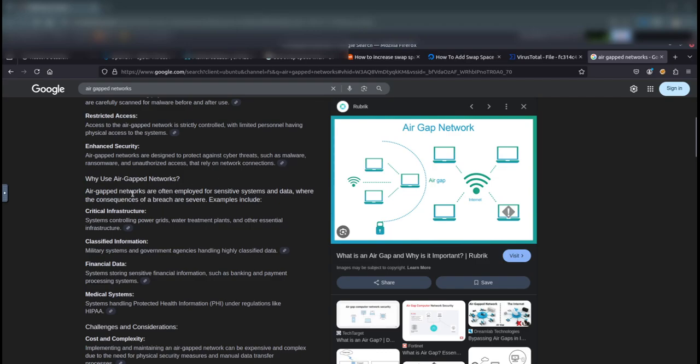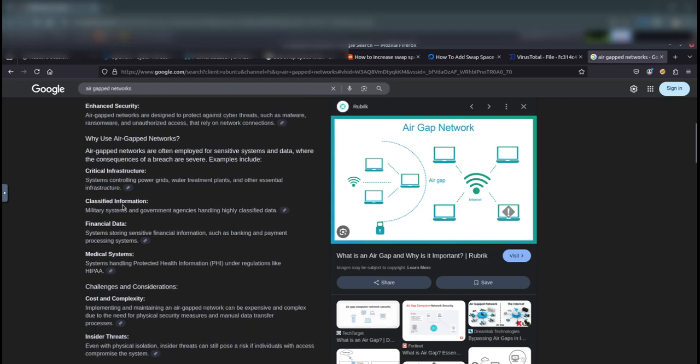So why bother with air-gapped networks? We have critical infrastructure, system control, power grids, water treatment plants, and other essential infrastructure; classified information, military systems, and government agencies handling highly classified data. You don't want this one to leak outside.